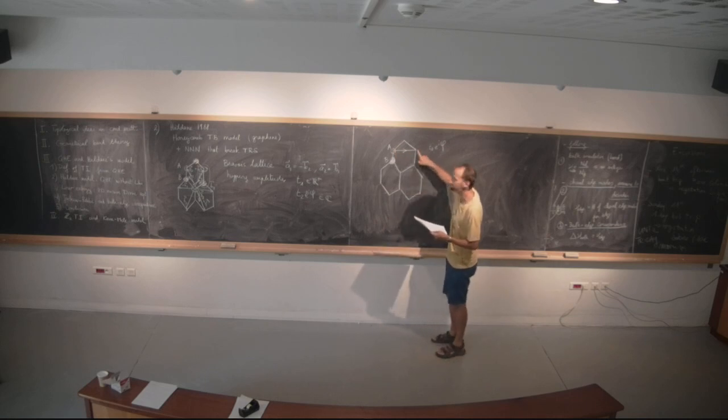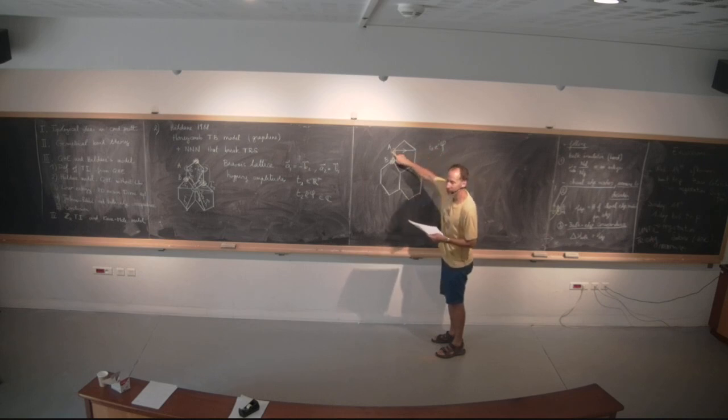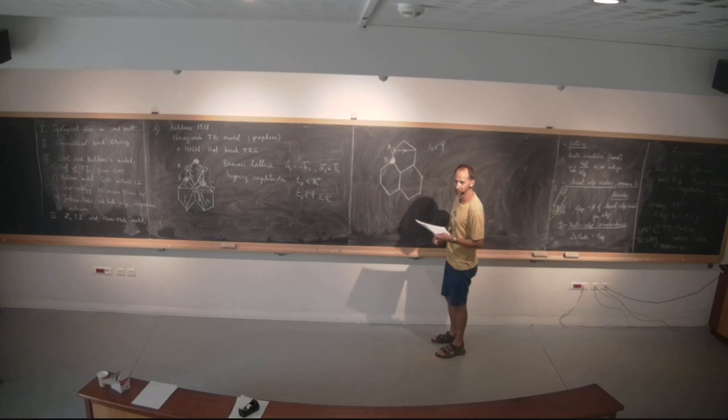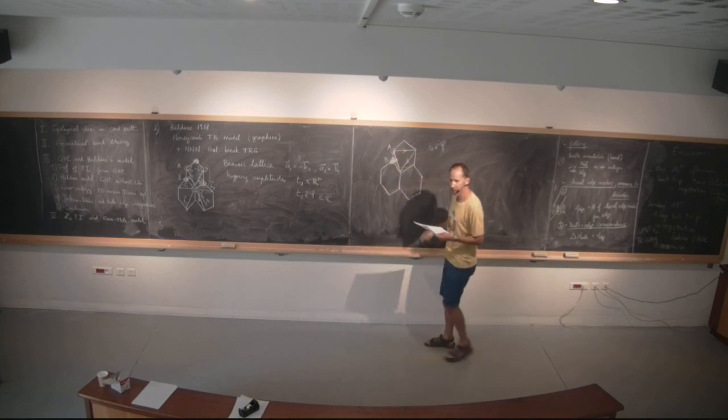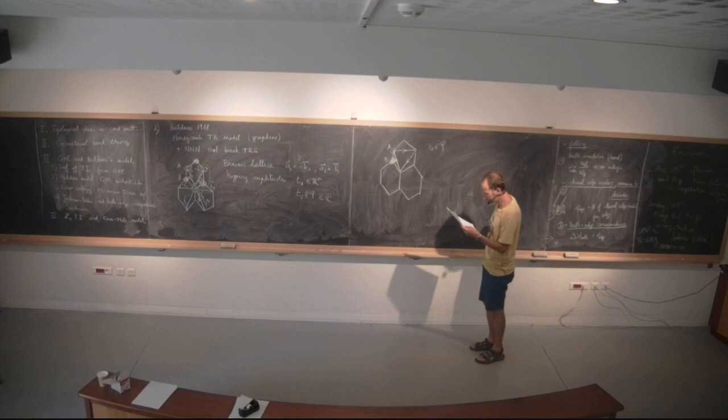If I jump from here to here, in the direction of the arrow, I will put a plus. If I'm moving in the other direction, I will get a minus here. So the pattern is like this. In the triangle that I've drawn here, it's clockwise.